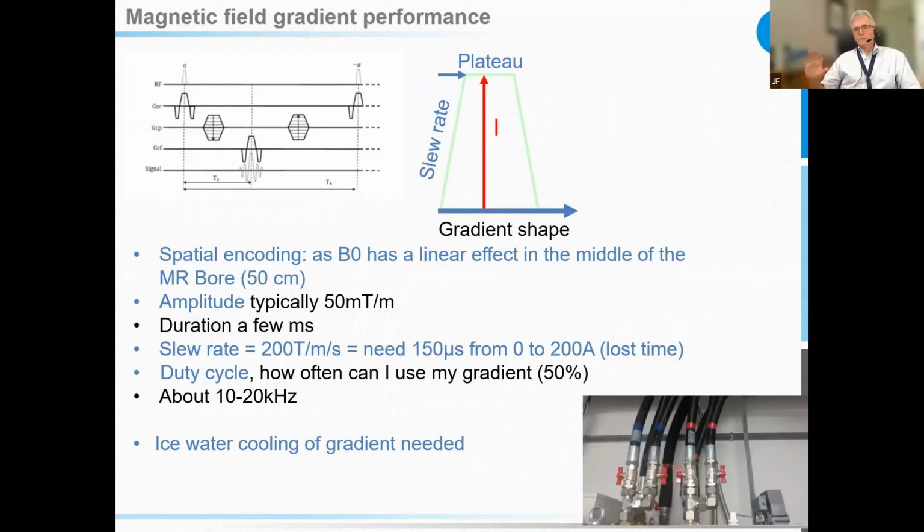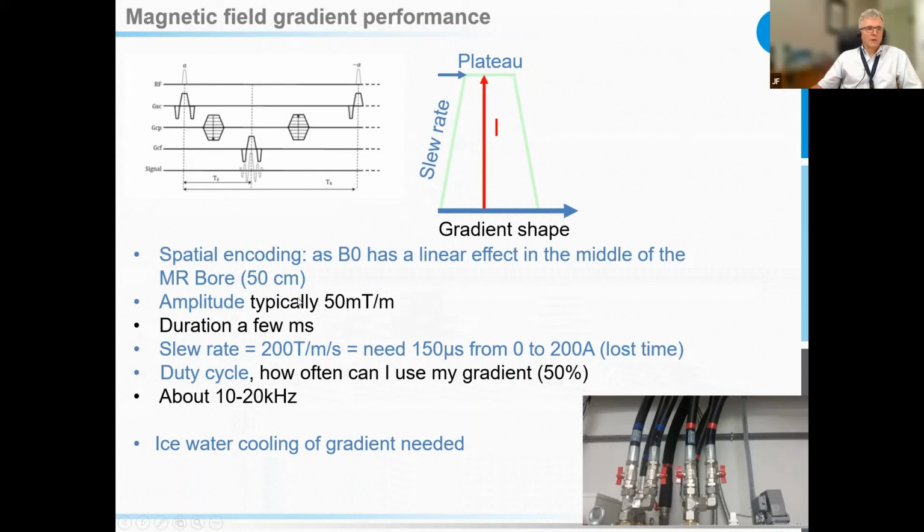When you have a magnetic field, what is the performance here? If you have a sequence, you have to go as fast as possible from 0 to the magnetic field added to B0. So this is the time here. What is the slew rate? This is lost time. So you go from 0 to the plateau here. The first parameter is the intensity of the magnetic field.